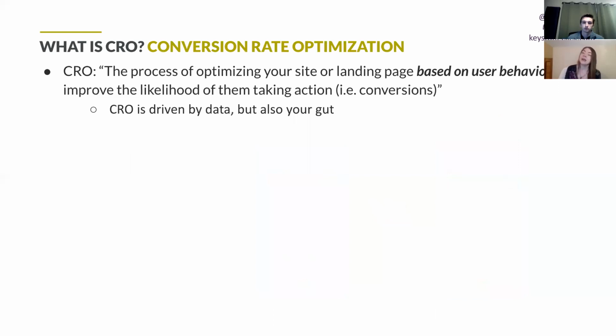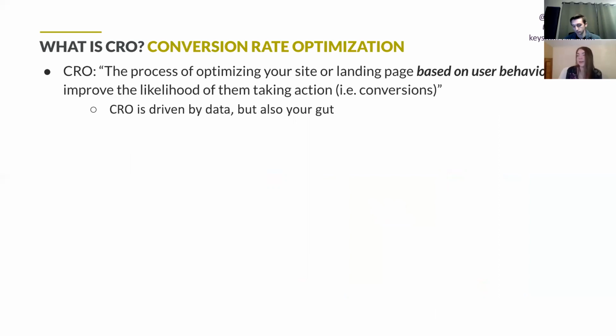And so conversion rate optimization, as we've defined it, is the process of, again, optimizing your site or landing page based on user behavior to improve the likelihood of them taking action.